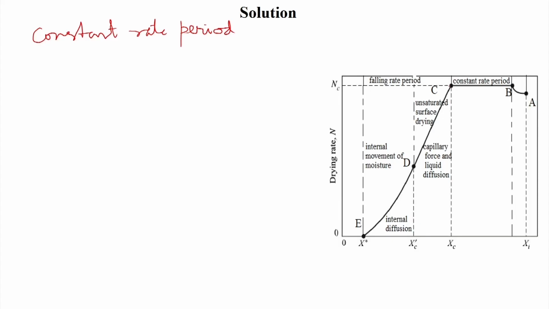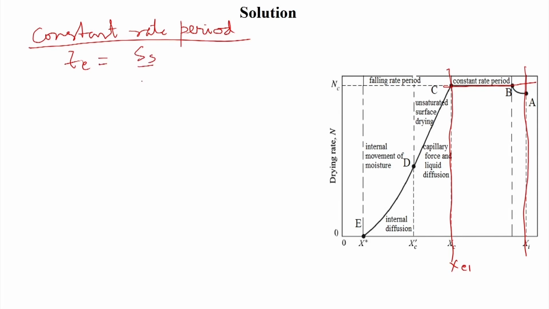So, for this period, from xi to xc1, for the drying time calculation, Tc is equal to Ss by A Nc into xi minus xc1.